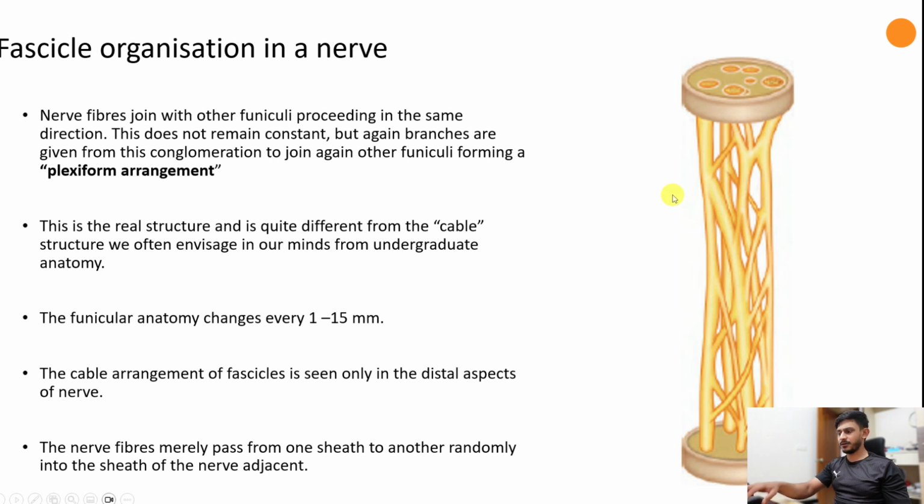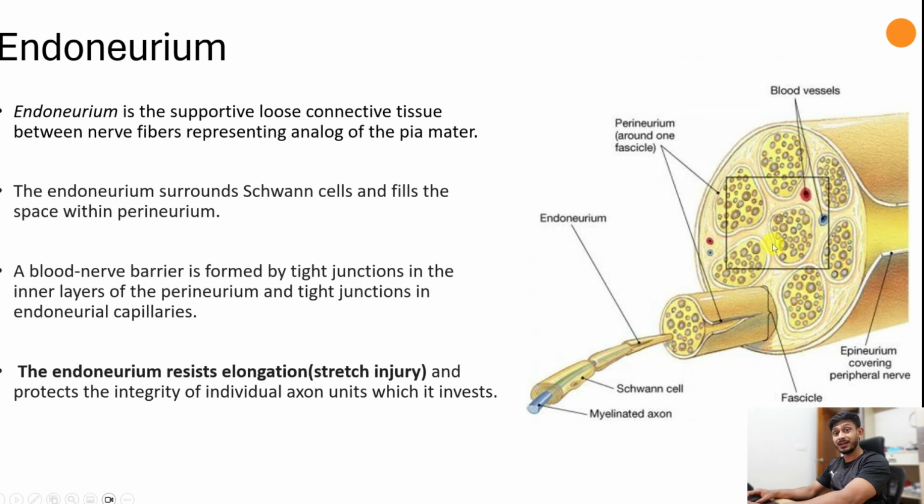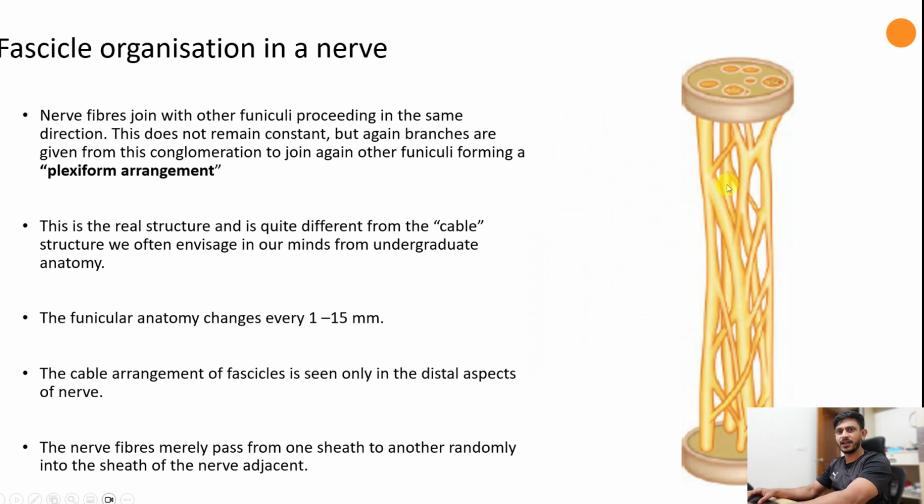As we go from one part of the nerve to the other, each bundle of nerve fibers, or each fascicle, intertwines with the others. From this fascicle, a few axons will go to this fascicle, and from this fascicle, a few axons will go to that fascicle. It is a very mixed and random fashion, not the cable arrangement which we have in our minds.